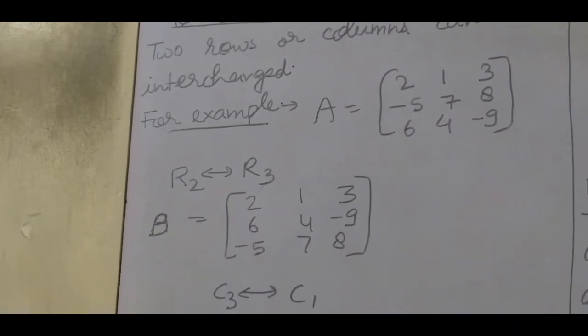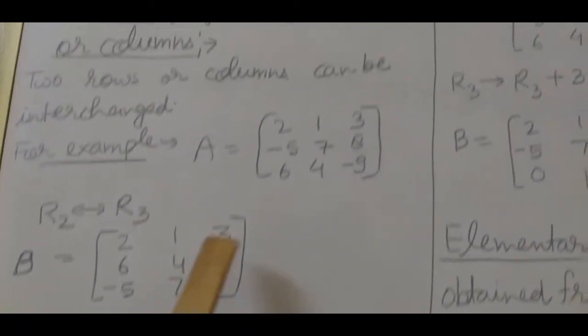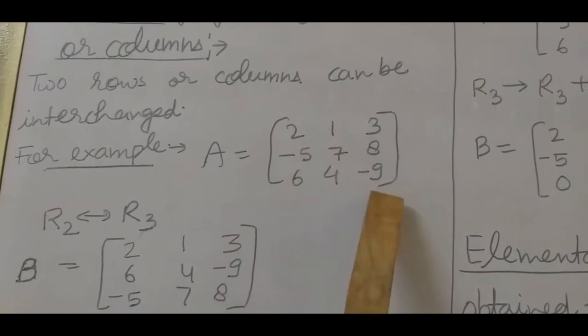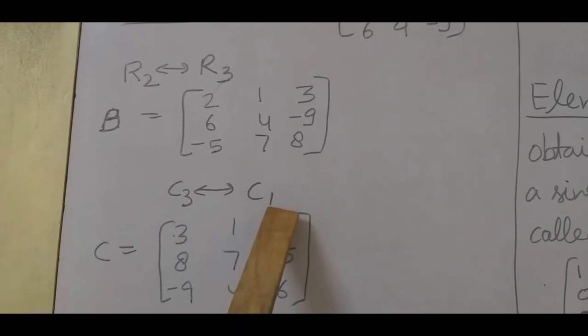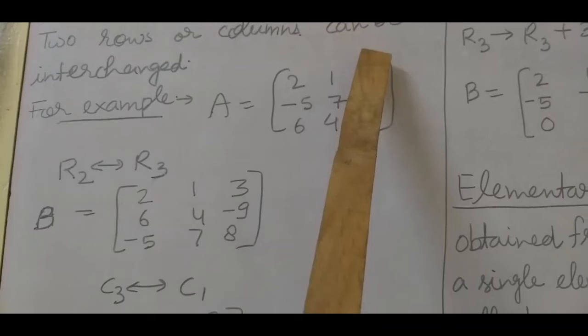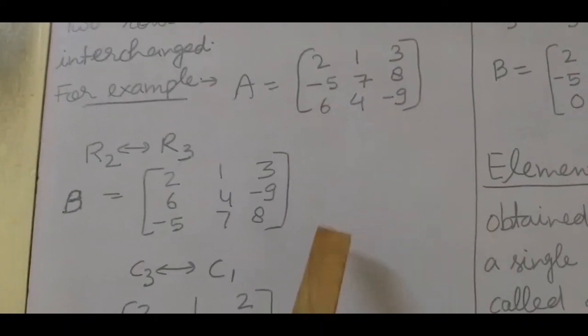Okay, students. Similarly, we can interchange two columns. Suppose I am going to interchange C1 with C3. So C3 interchange with C1. At the place of C1, C3 will be written, or at the place of C3, C1 will be written.